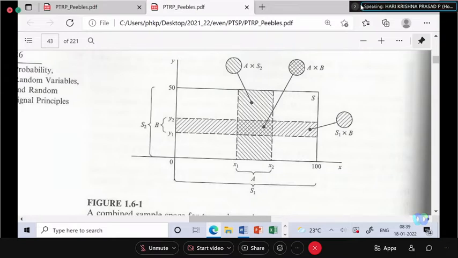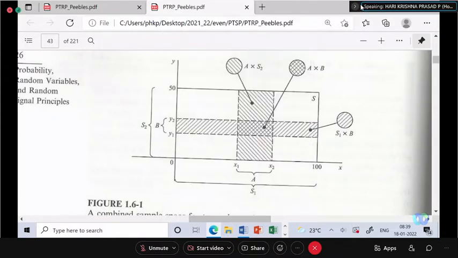When it comes to S1 cross B, what does it mean? All elements from sample space S1 along with elements of event B. Event B elements are defined along the y-axis with bounds y1, y2. So in this horizontal strip, we have elements of B along with elements of S1.